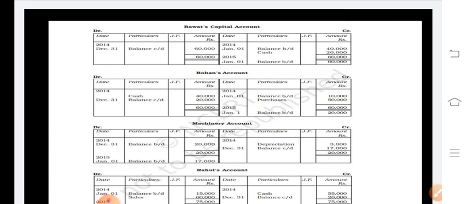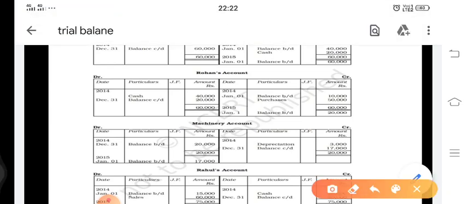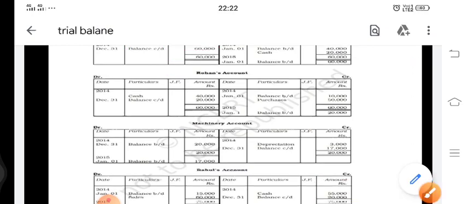So if I do not take this amount into consideration, here debit was having 0 and credit was having 60,000. So what we have to show is that the capital account is having a credit balance of 60,000 and a debit balance of 0. Let's check the trial balance.